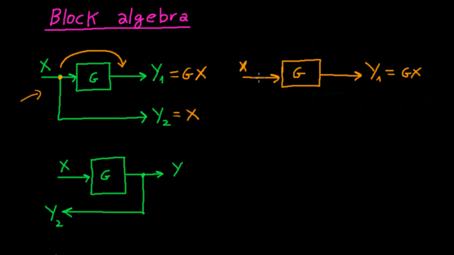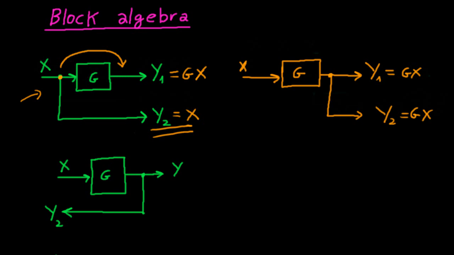But if we don't want the takeoff point here, we want it here. If we leave it this way, then y2 would be equal to gx, and that's not what we had before.